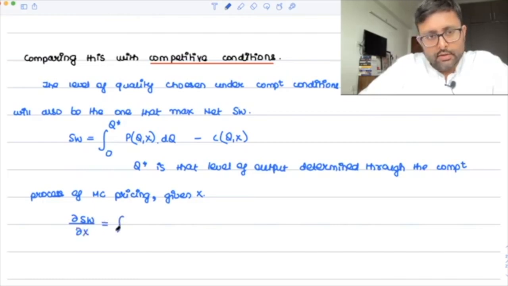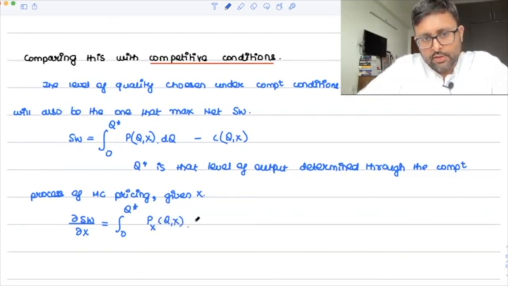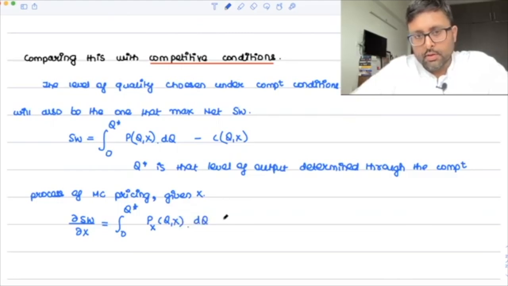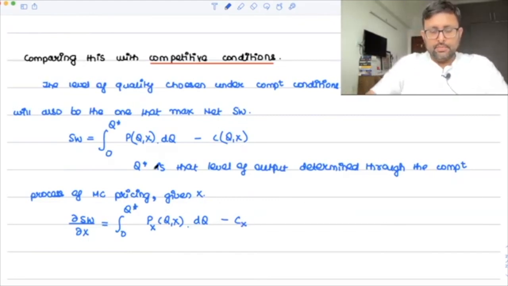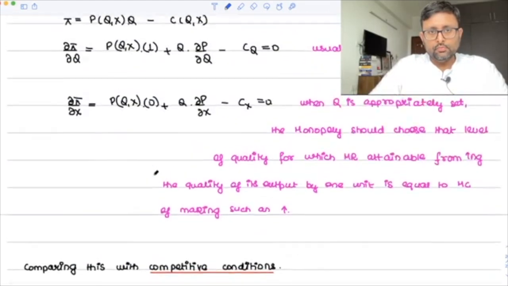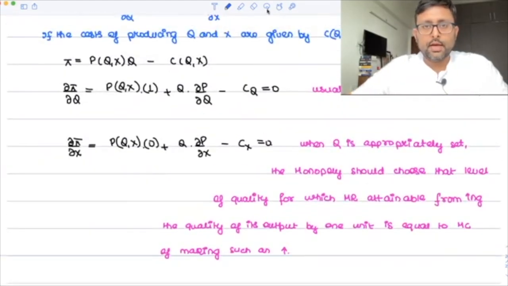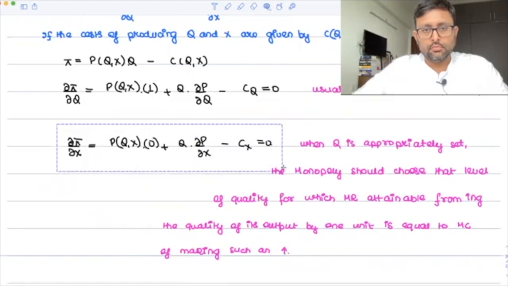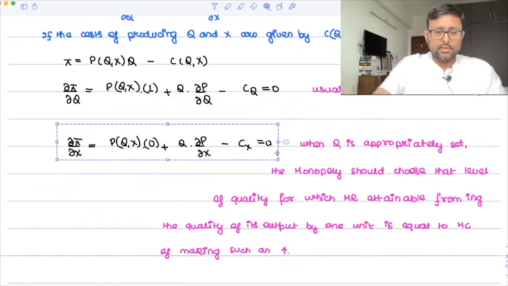Once you do that, it will be P(Q,X) dQ minus C(X), differentiating this with respect to X. Now, let me also compare this thing.